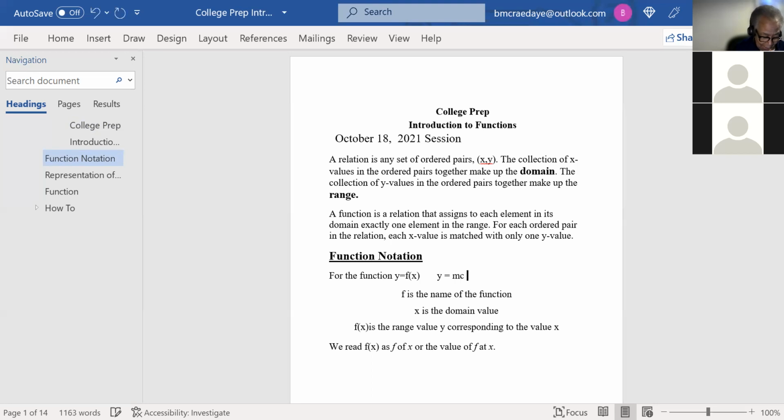Algebra, slope and function are all entwined.